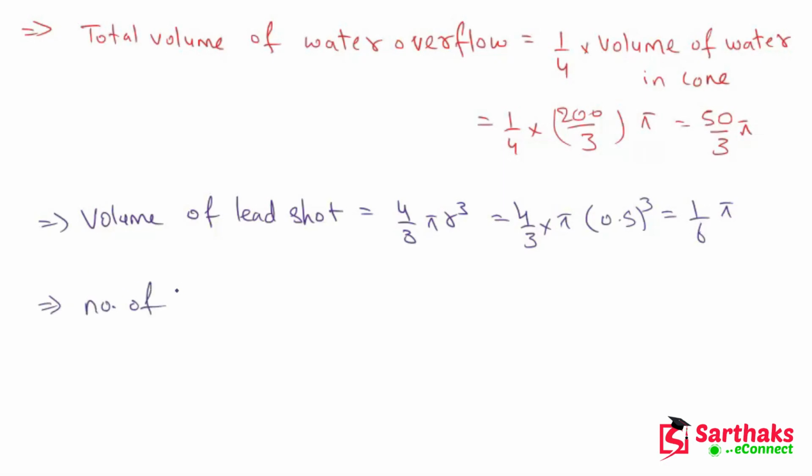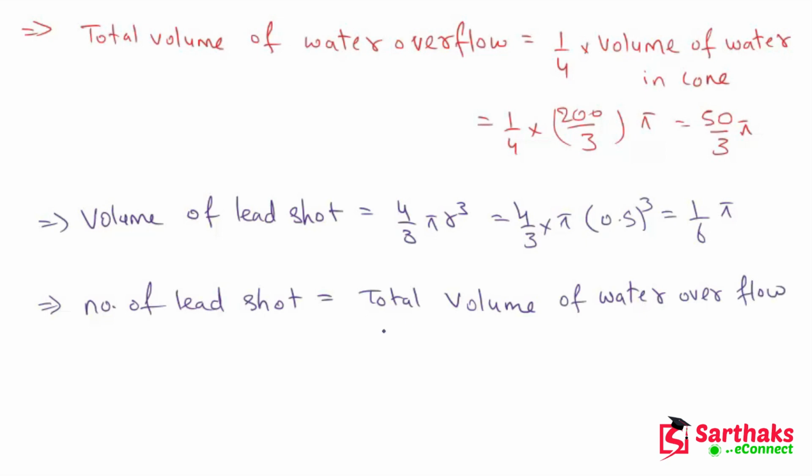The number of lead shots is equal to the total volume of water overflow divided by the volume of a lead shot.